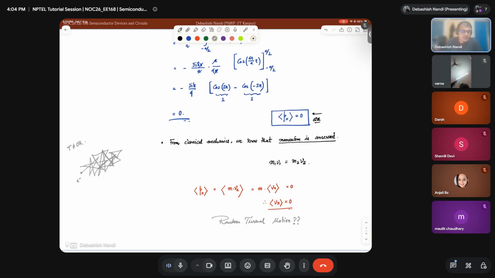So what happens in random thermal motion is that the average velocity or the average thermal velocity of the electrons remains zero, right? That means if an electron is moving from left to right in the entire crystal, some other electron will move from right to left by an equal amount.